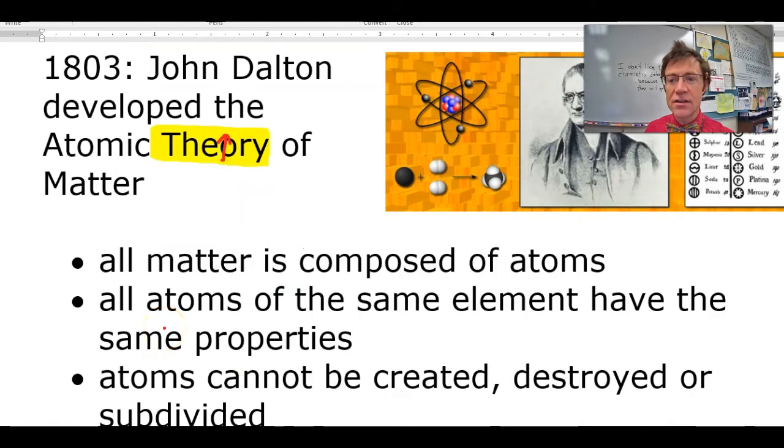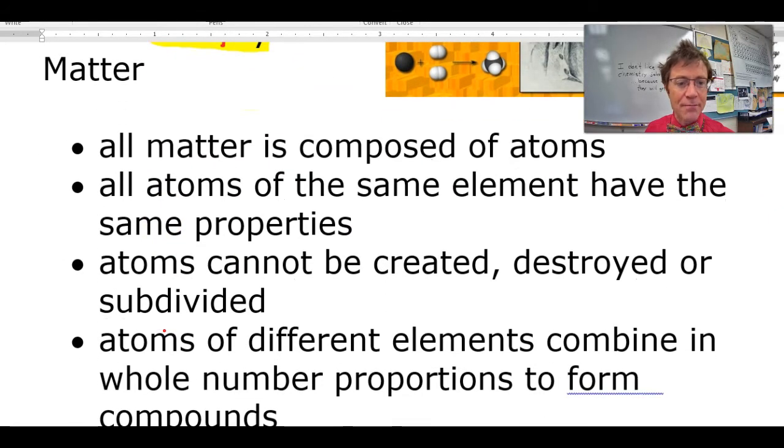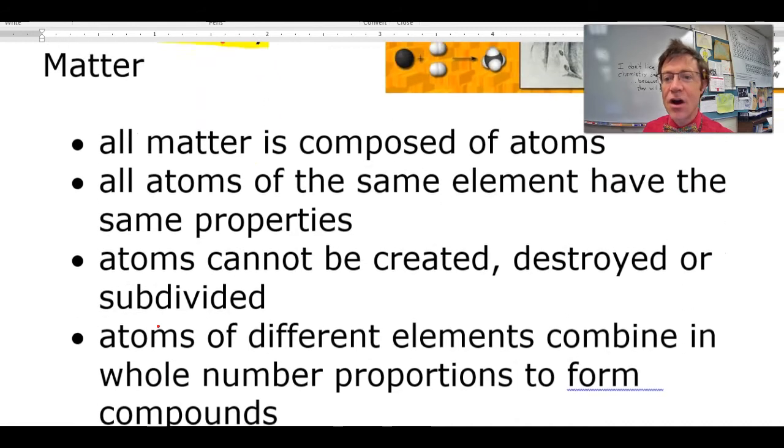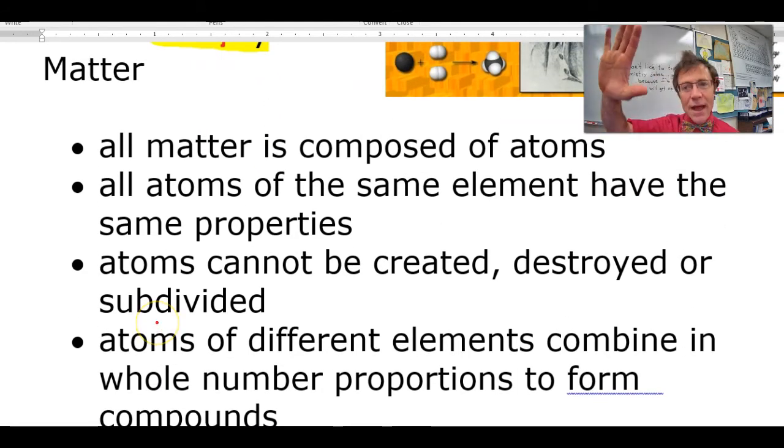So here is what John Dalton came up with. Now, believe it or not, John Dalton ticked off everybody. He made everybody mad. There's nobody he didn't tick off with this one, because it shook the foundations of everything. Here's why. He said that all matter is composed of atoms.